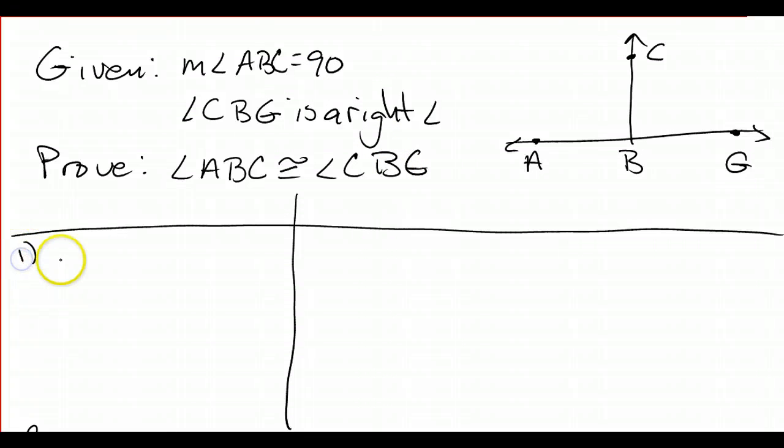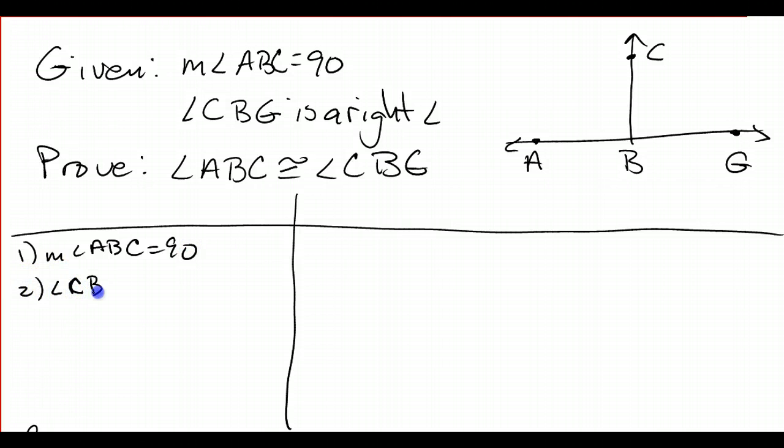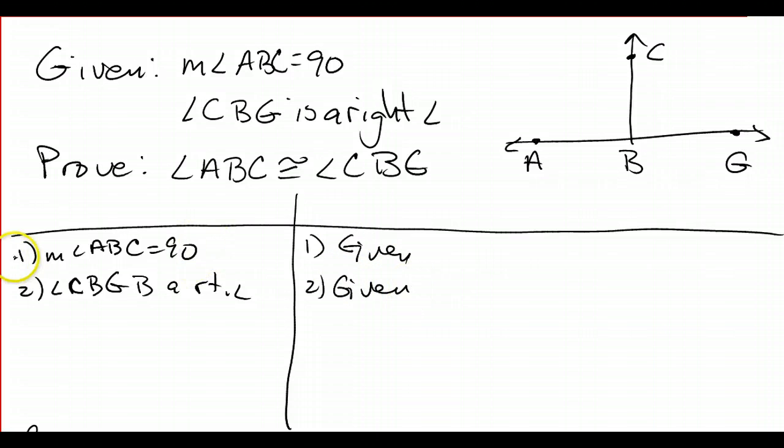So I've got measure of angle ABC equals 90. I've got angle CBG is a right angle. Those are both given. Okay, I'm going to go the right angle route. So from this step, I can say that angle ABC is a right angle.